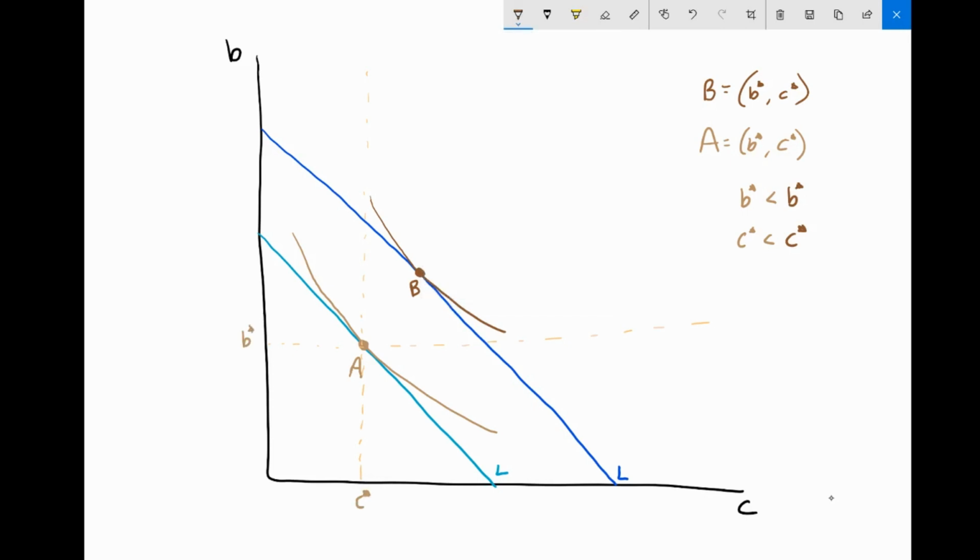When it shifts out, when people's preferences are such that both goods are normal goods, then demand will look something like this. Here is the dark blue C star. Here is the dark blue B star. So you can see that at bundle B, both consumption of coffee goes up and consumption of bagels goes up.